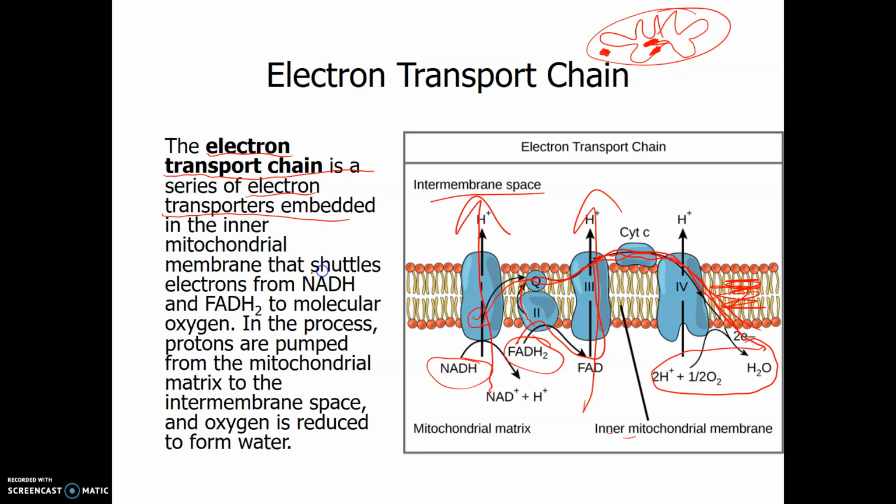So the electron transport chain shuttles electrons from NADH and FADH2 until they're finally taken up by oxygen combined with hydrogen to form water. And in the process of shuttling these electrons, the protons or hydrogen ions are pumped from the matrix into the intermembrane space.